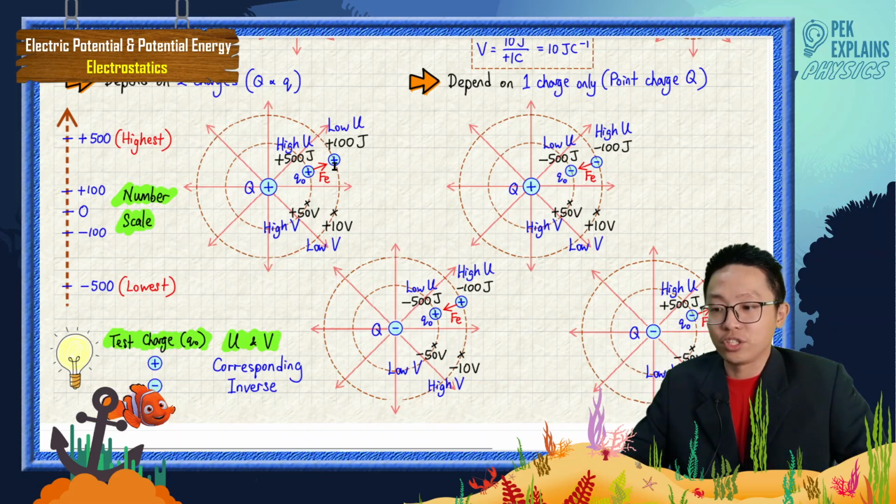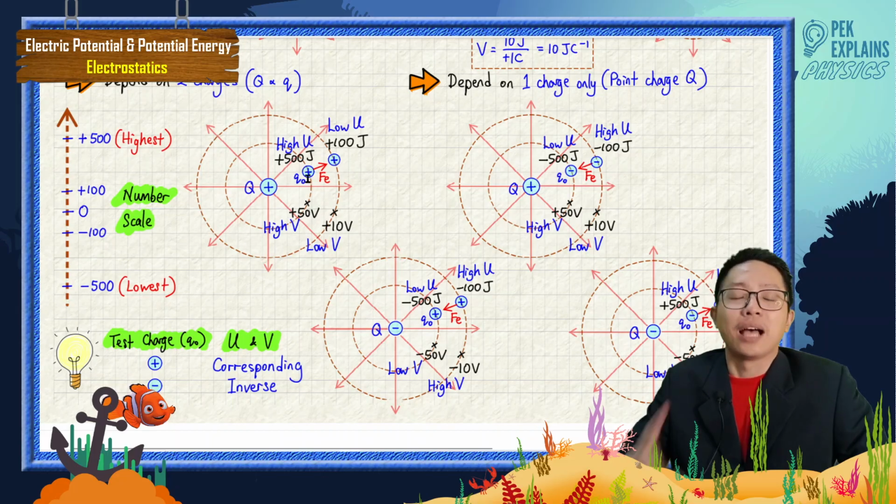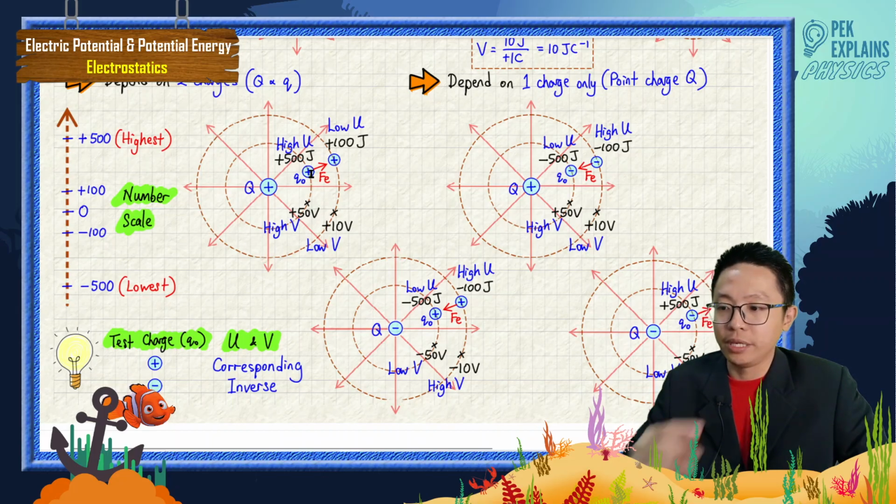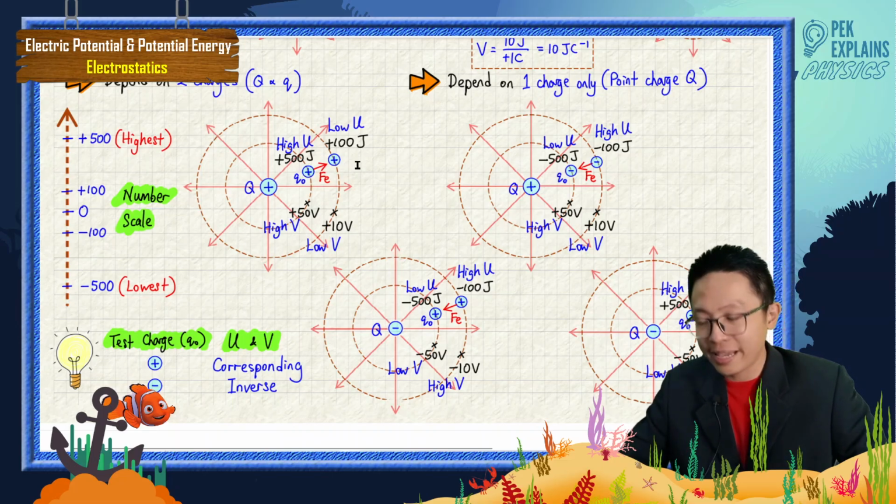So if the positive charge is nearer to another positive point charge, they repel each other. When the charges are nearer to each other, the test charge has higher potential energy because it is being repelled. When this test charge is being repelled by this repulsive force, the potential energy will convert to kinetic energy.